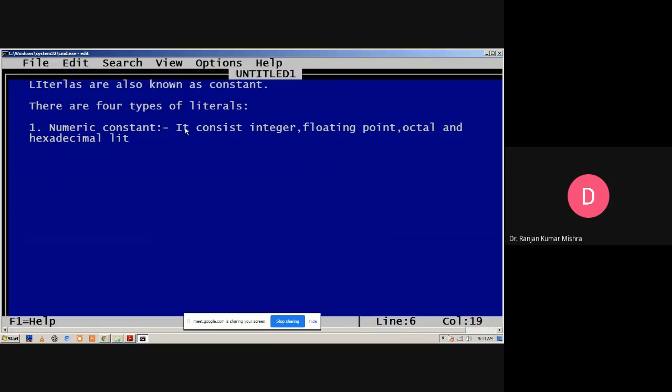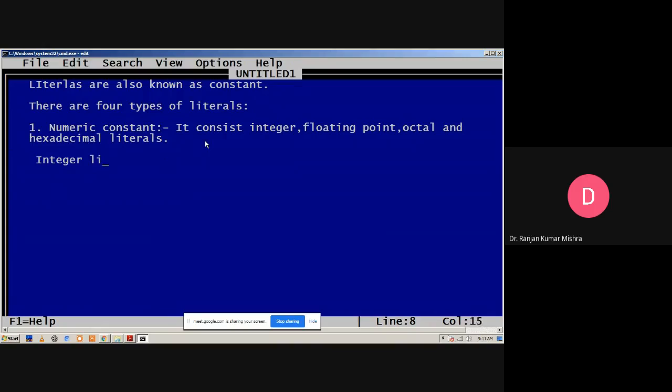That means in the numeric category we can divide the numeric constant into four parts: integer literals, floating point literals, octal and hexadecimal literals. Now we discuss one by one what integer literals are, what floating point numbers are, and what hexadecimal literals are. Clear? Now we discuss the integer literals.